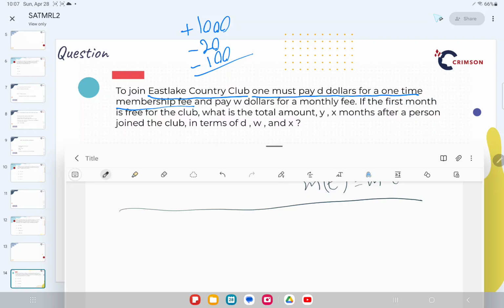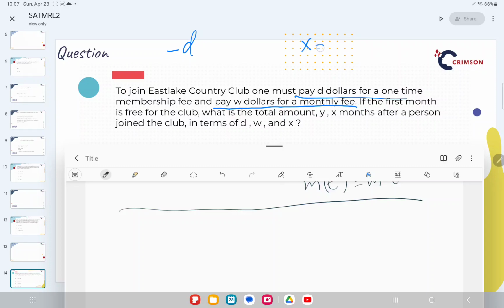So it's like a balance book. Now I need to pay D dollars, which goes outside of my balance book. And then I need to pay W dollars as a monthly fee.